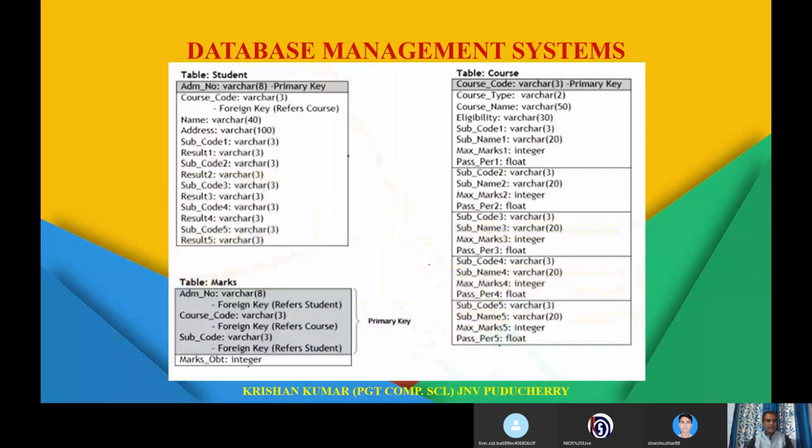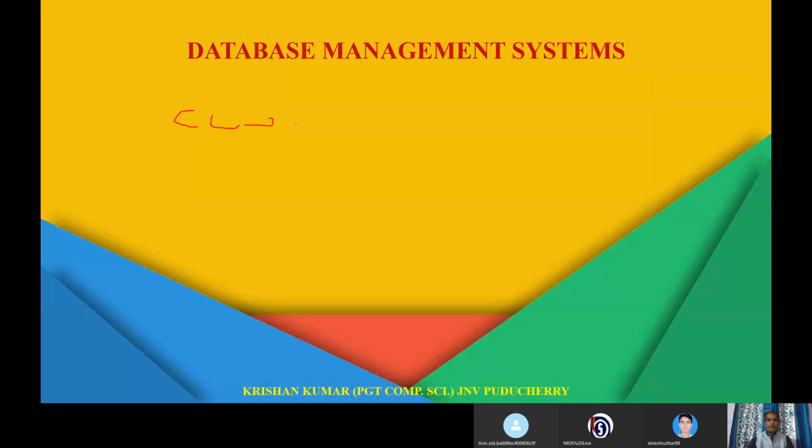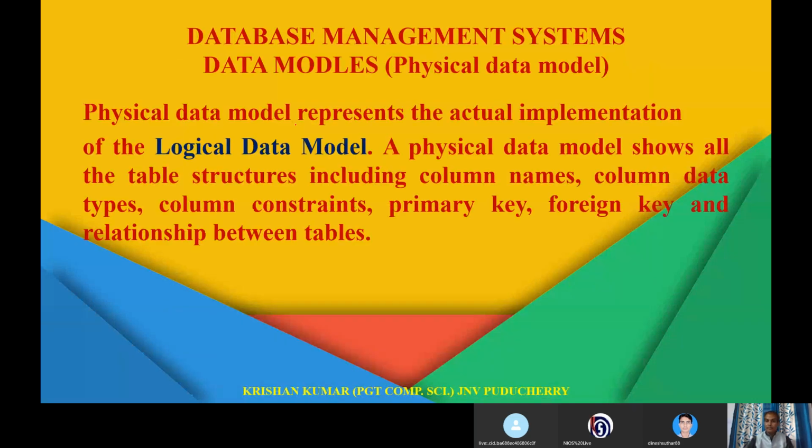All the column names are available, all the entity names are available, the primary key is available, and the data type is there. For example, name is an attribute, varchar is the data type, and 40 is its size. So these things can be visible only in the physical data model.